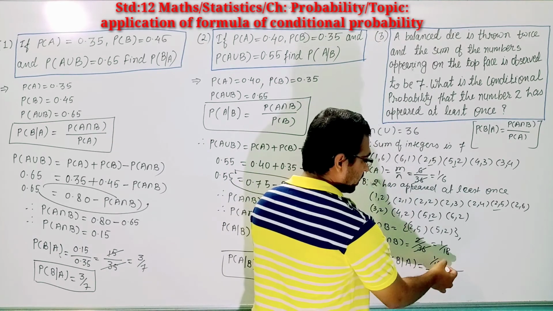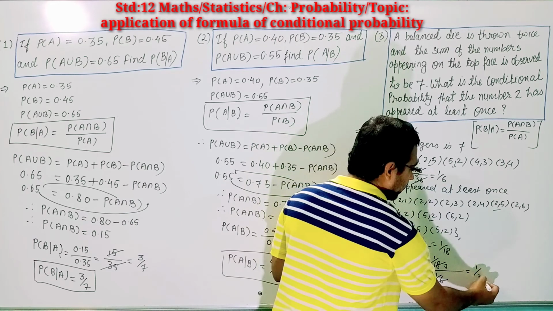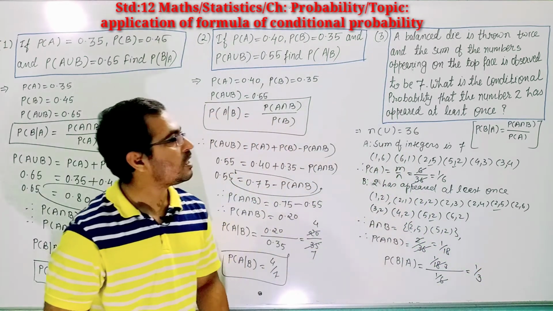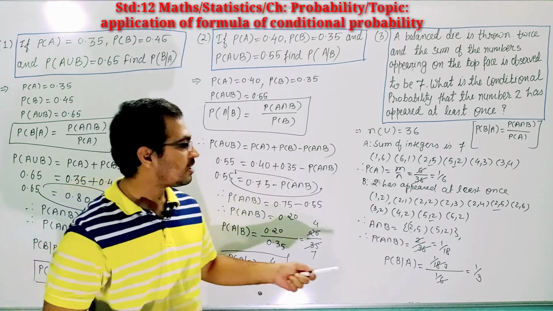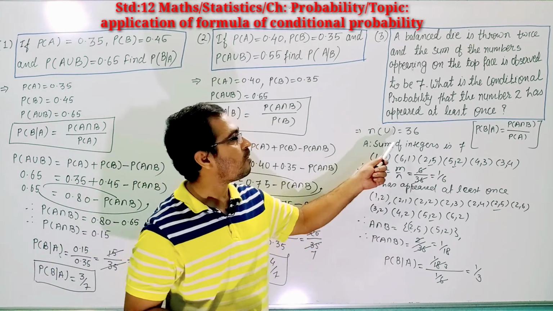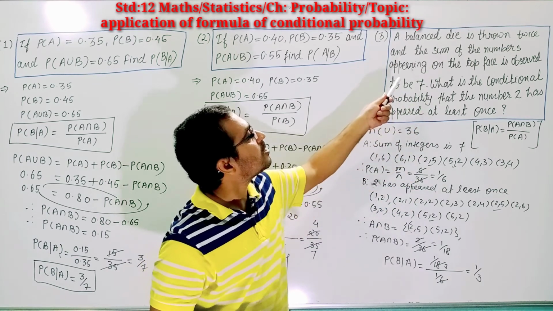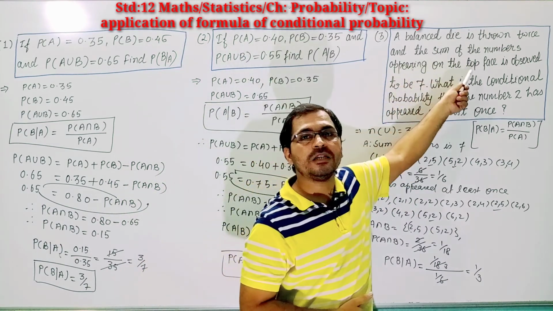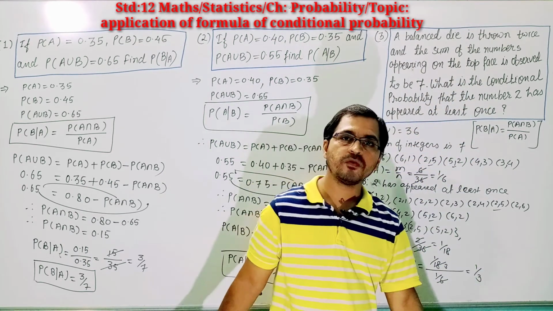Now we can cancel, and we get 1 by 3. So you can conclude that the conditional probability that the number 2 has appeared at least once, given that the sum on the dice is 7, is 1 by 3.